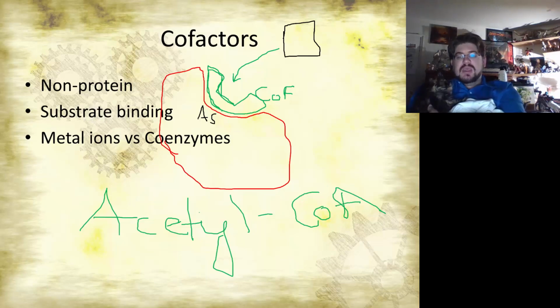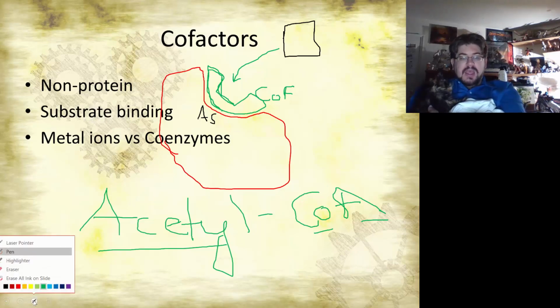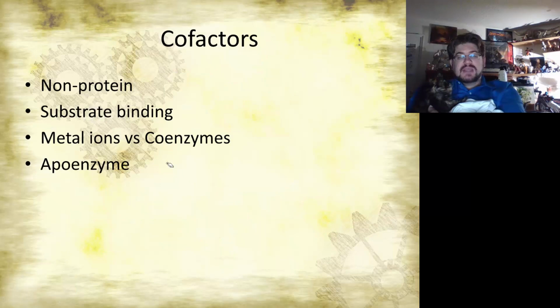Acetyl CoA is a term for an acetyl group bound to coenzyme A. So, anyway, coenzymes help allow the enzyme to bind well.